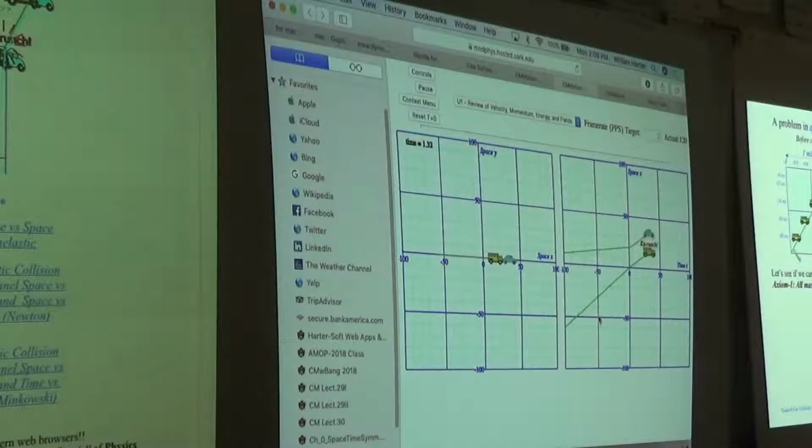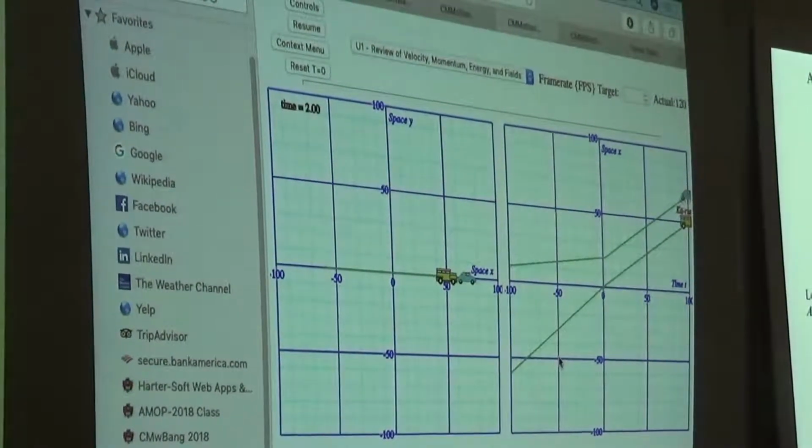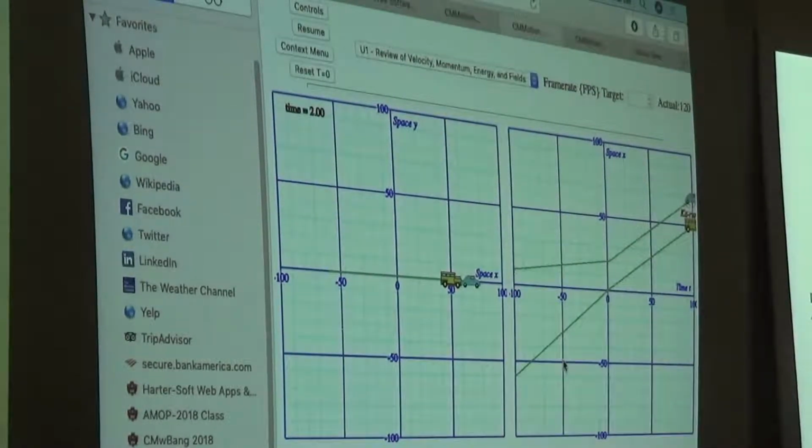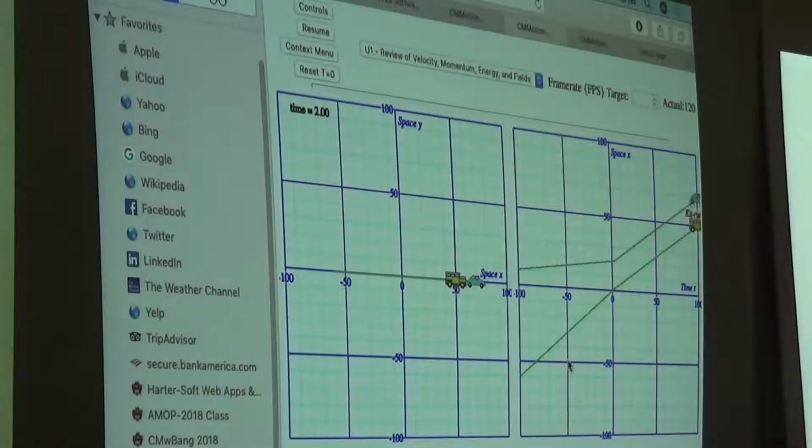So this is a Newtonian plot on the right of space versus time, which you're used to in calculus classes, right? And on the other side, it's space versus space, basically. But we're only confining this to a line, so we don't use the y region at all.